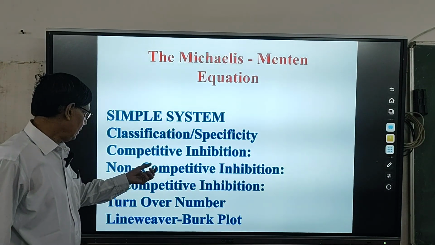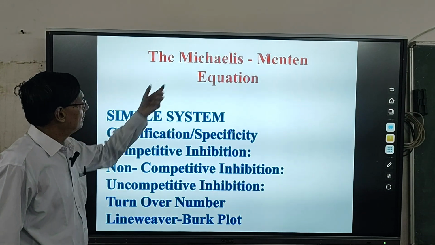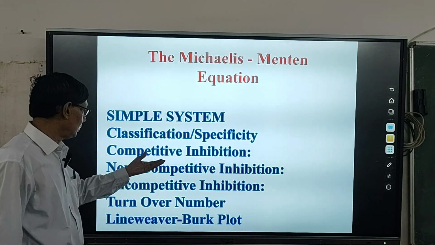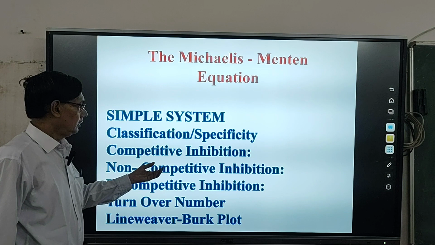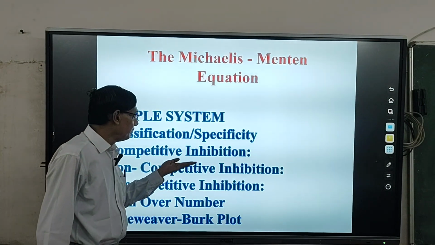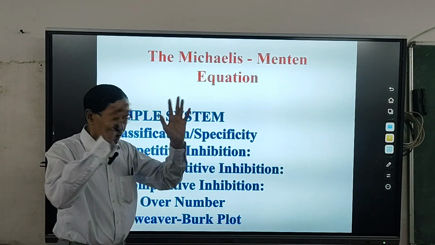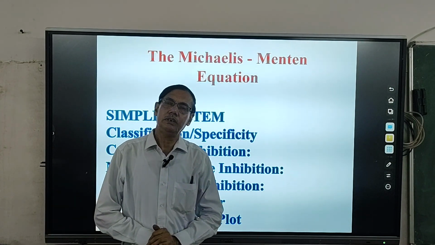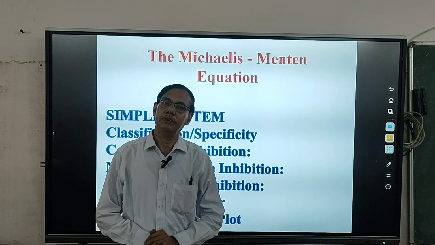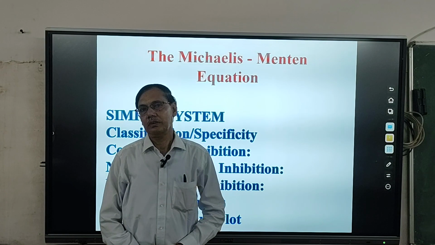So I will discuss, after this Michaelis-Menten kinetics, I will also try to derive the equation of competitive inhibition. Name itself is a definition. You all know that the enzyme, which is a biological catalyst, has a large number of active centers, active sites.